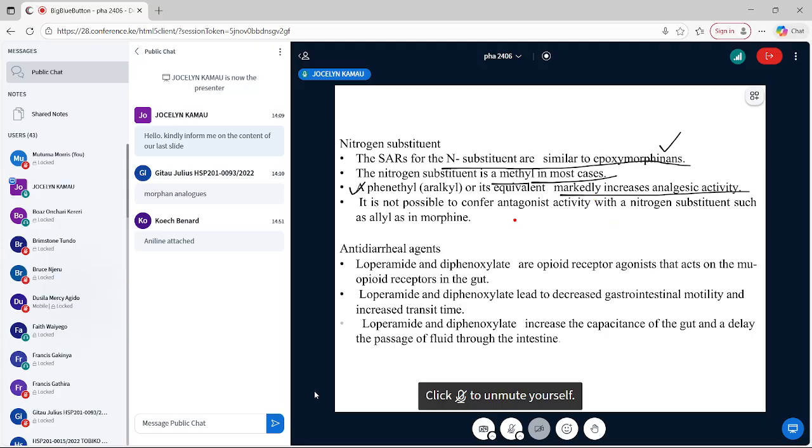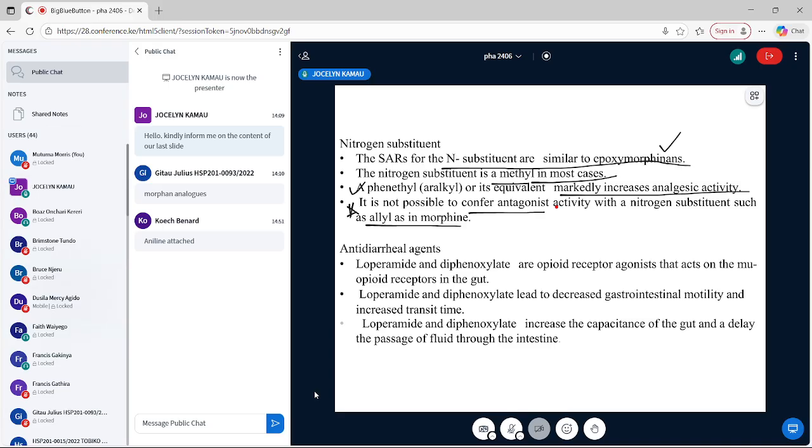It is not possible to confer antagonist activity with a nitrogen substituent such as the allyl, as in morphine. This was one of the major differences that was found: in the 4-phenylpiperidines, we could not at all. Remember, for the benzomorphans, we said that when we put in a group that was introducing antagonist activity in the morphinans and the epoxymorphinans, the agonist ratio was higher than the antagonist ratio.